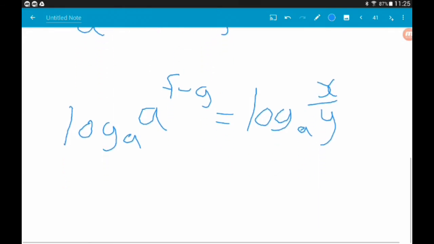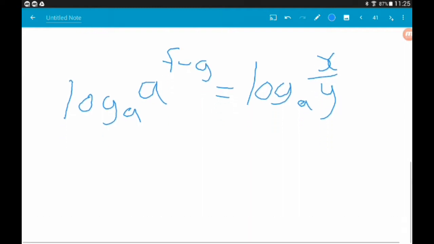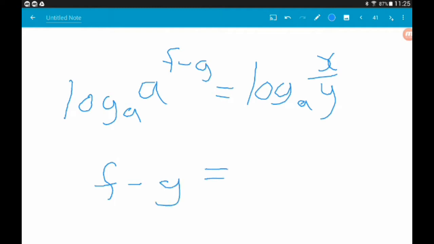Okay, now remember the left hand side is saying what power of a is a to the power f minus g. So it's just f minus g. So f minus g equals log base a of x over y.